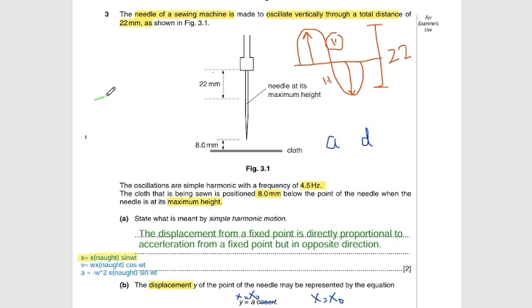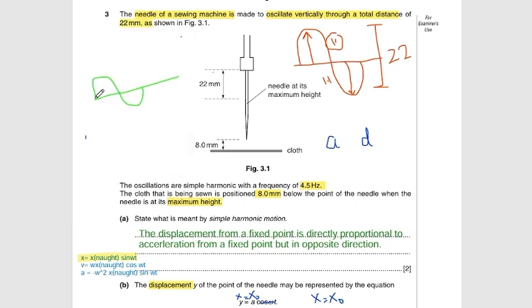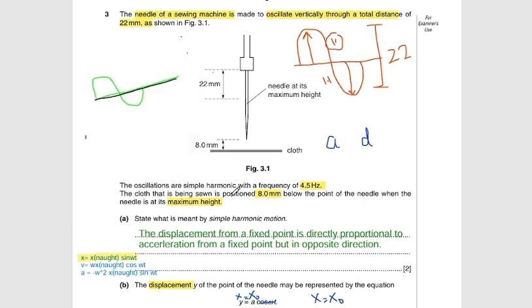So let's assume that this is my wave, and this right here is my equilibrium position. Now they say we have to find the displacement as it goes through the cloth, and it is positioned 8 millimeter below the point of the needle when the needle is at its maximum height.